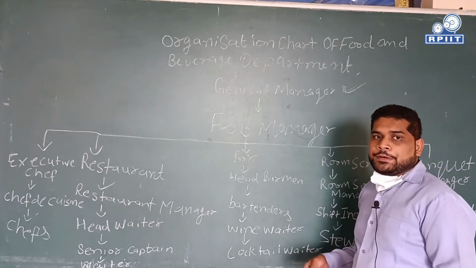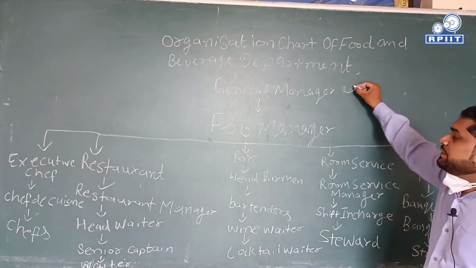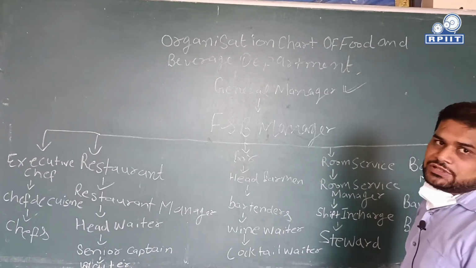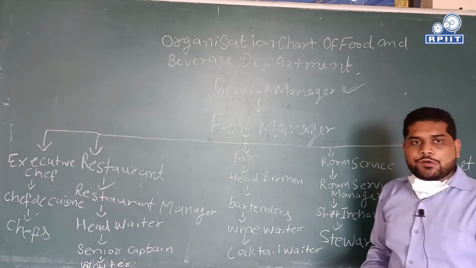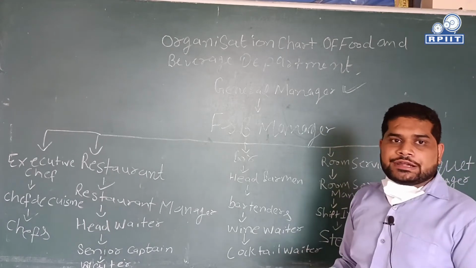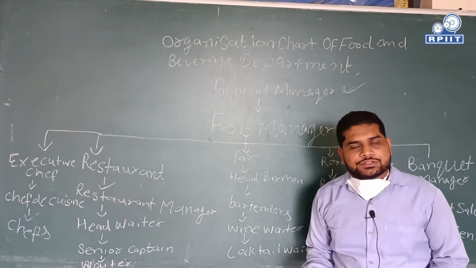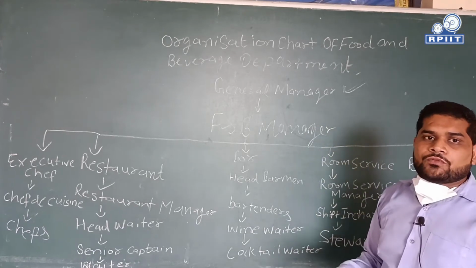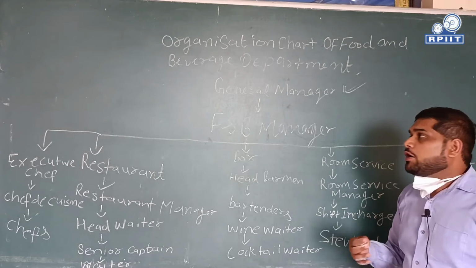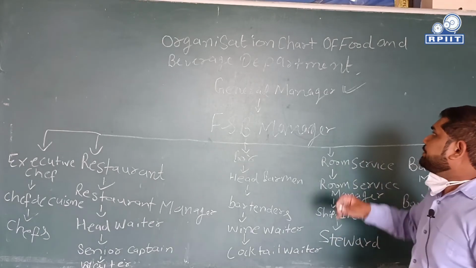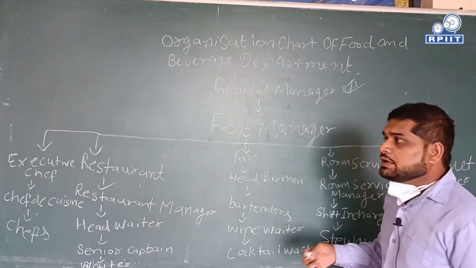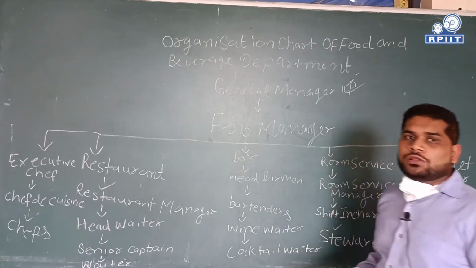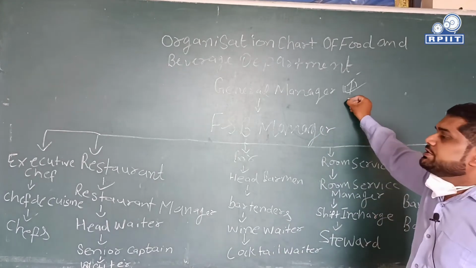They also take the briefing and debriefing of the staff, check the sales of the hotel, and set the targets of the hotel: how we can achieve them, and how much we can earn in one month. All these works are done by the general manager.